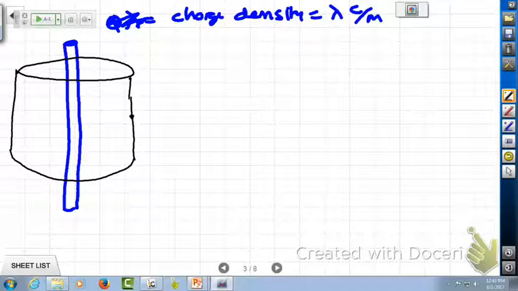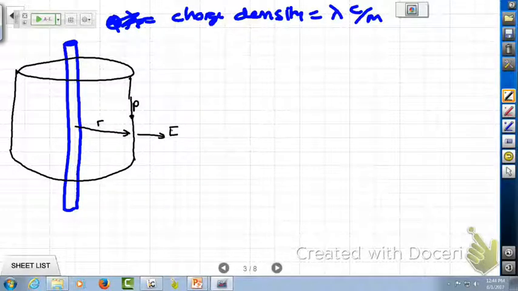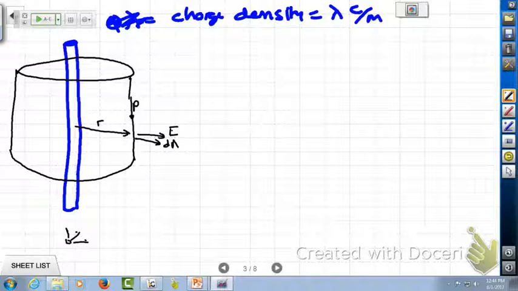I'll make this cylinder of radius r. There's my point of interest. I know my electric field is going to be radially symmetrical from the axis, so if I look down from above, my electric fields would all go like that. And because it's the sleeve of the cylinder, my dA is going to be like that.